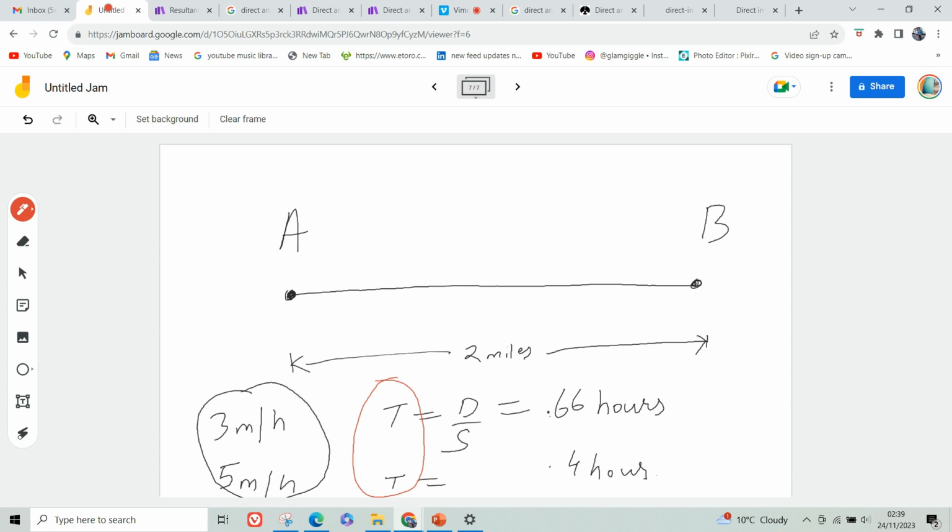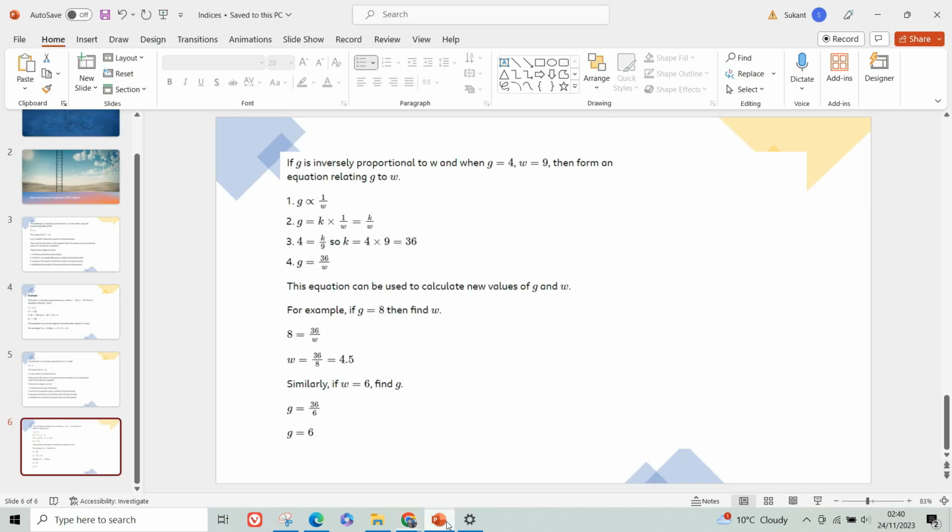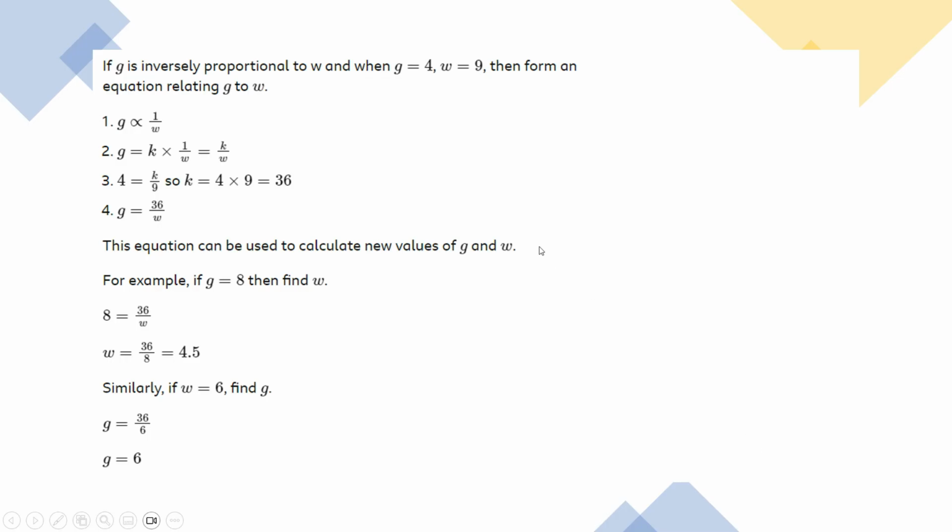If this increases, this decreases. If this decreases, this increases, and that is called an inverse proportion or inverse proportionality. All right, so this is the basic and major understanding of inverse proportion.